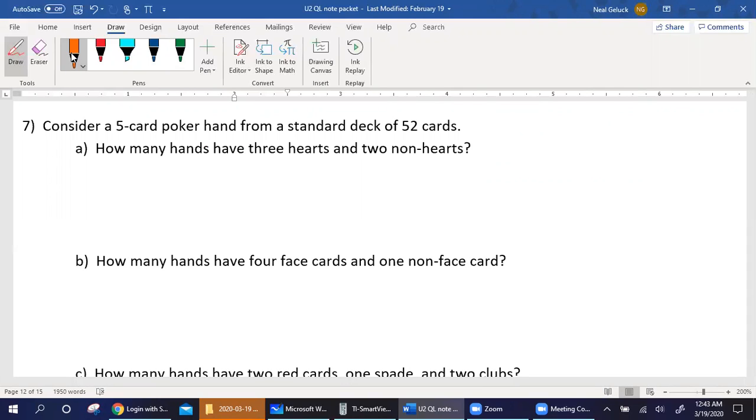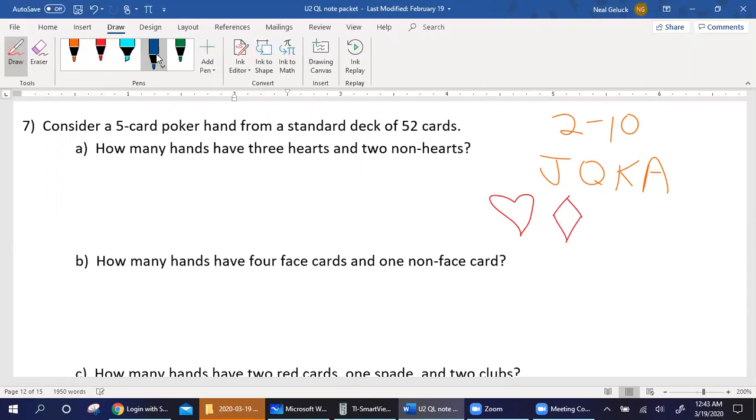We have 2 through 10, then Jack, Queen, King, Ace. Each one of those has 4 different suits. We have hearts, we have diamonds, we have spades, and we have clovers.